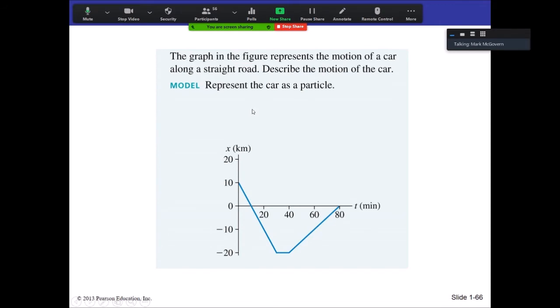Well, what's happening here? It looks like we are starting 10 kilometers away from whatever we're calling the origin. I don't know where that is. This whole graph is sort of divorced from a scenario, so we can just come up with one. We move to the left, or we move towards the negative positions, whichever way that is.